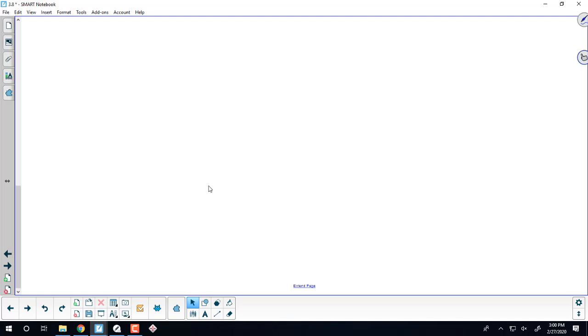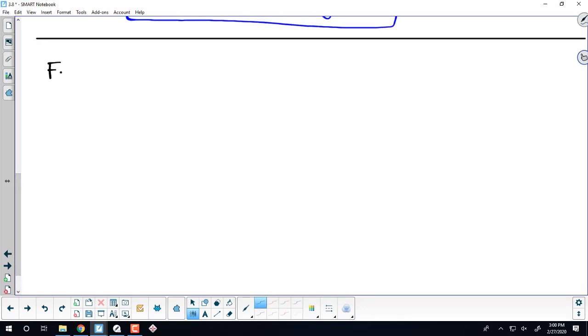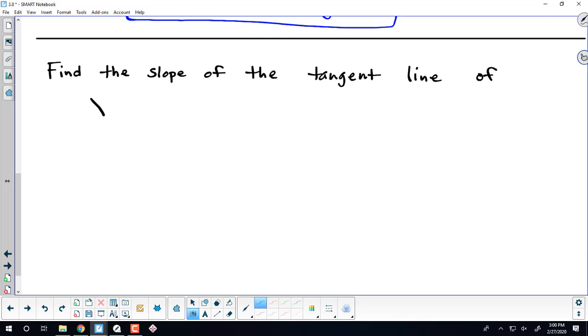So that could be one version of the question, and the other version could be: find the slope of the tangent line of our same function at the point 3, 2.